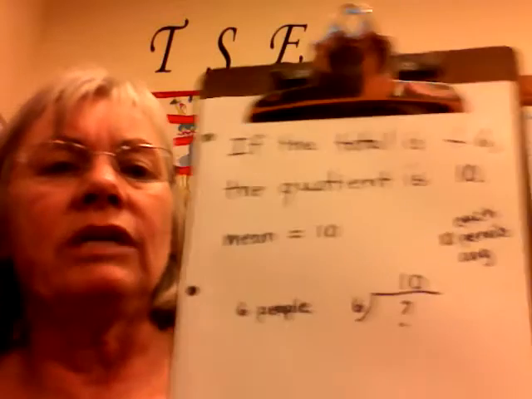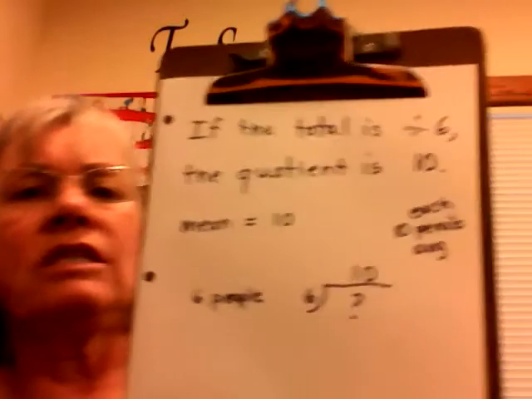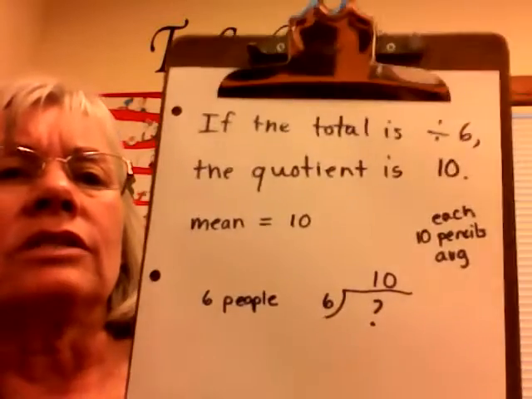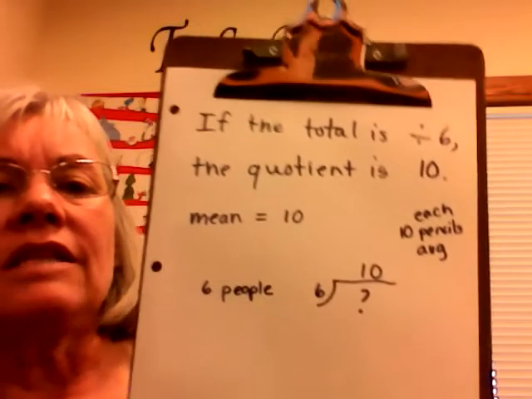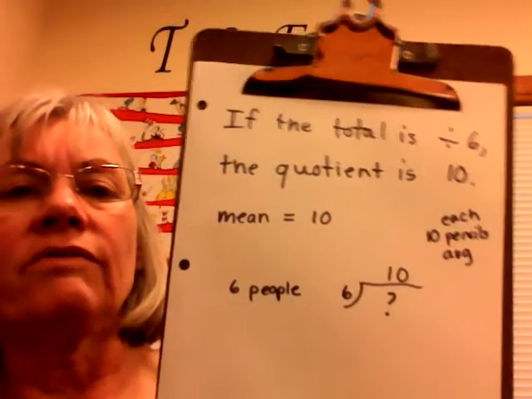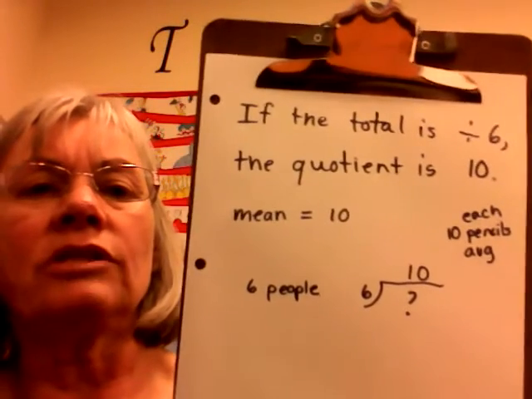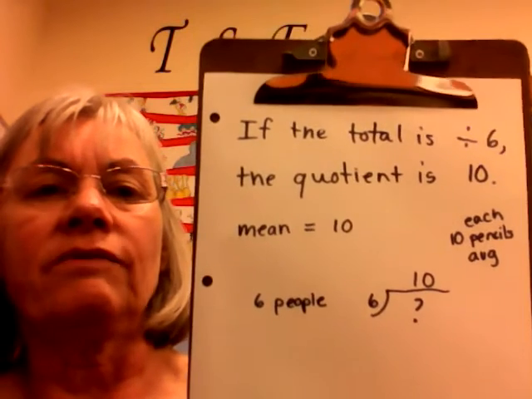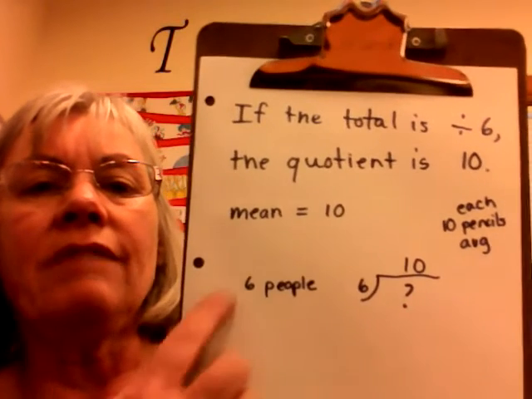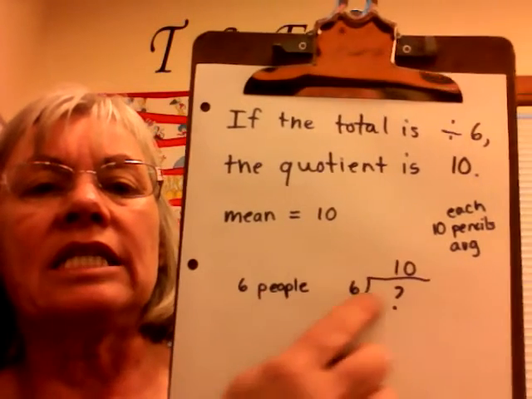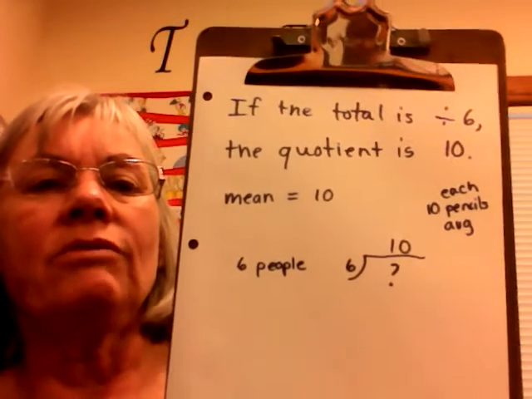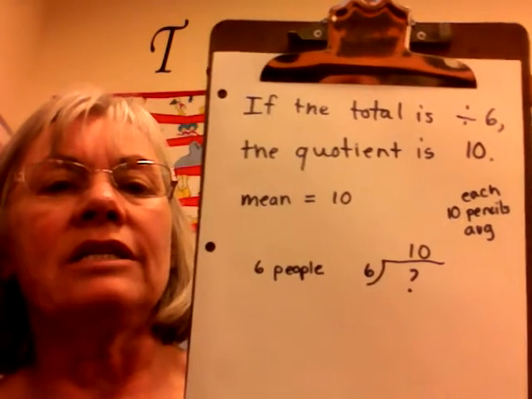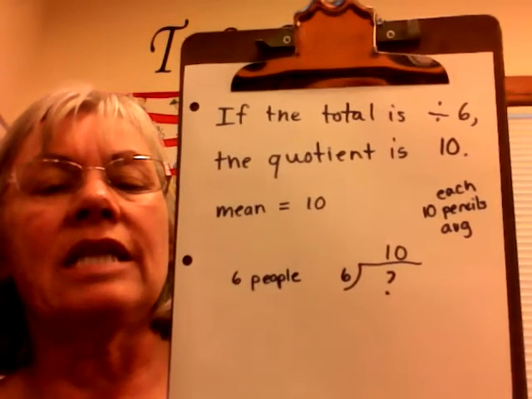We know that's the big number. It's kind of like doing a division problem backwards. And I am guessing that you're thinking, I know that division backwards is multiplication. To find out the big amount, we need to multiply 6 and 10. And from that, you will know that the total amount of pencils that people have would be 60.